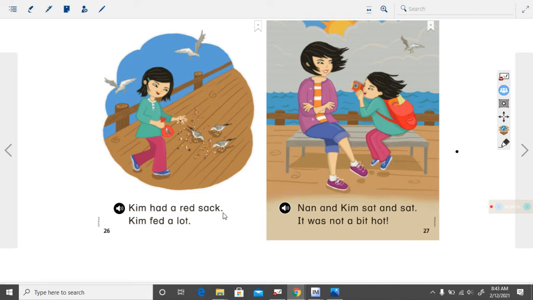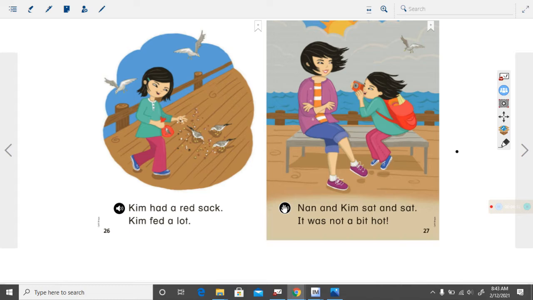Oh, look at that dot there. That's a period. That's one sentence. Now, this is the beginning of another one because after a period, the very next word begins a new sentence. Kim fed a lot. There's another period. That's two sentences on that page.